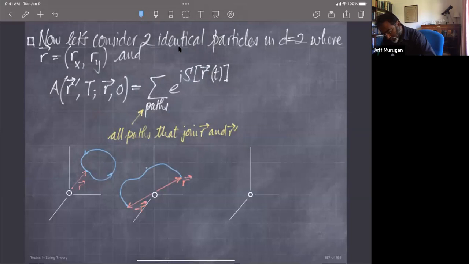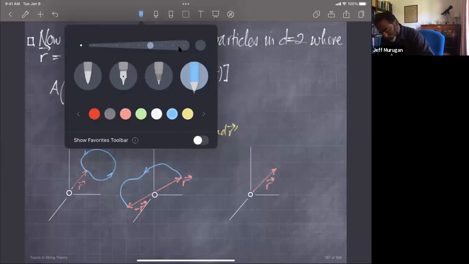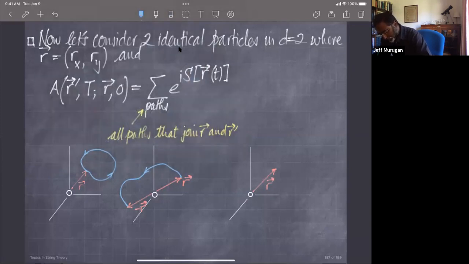And then the final one is going to be different in this case, and you're going to see where the infinite class of paths comes from, is one that starts and ends at R. However, it encircles the origin.